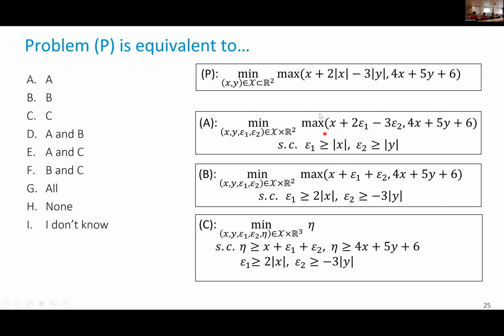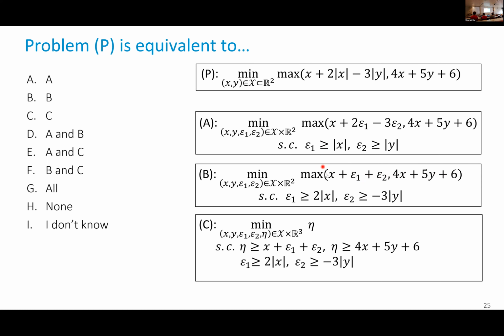Now the question is the function that maps epsilon 1, epsilon 2 to this, is it increasing with respect to epsilon 1 and epsilon 2? And the answer is yes, because every member, the first member is increasing with respect to epsilon 1. When we take the max it is increasing with respect to each of its arguments. So yes, if we increase epsilon 1, we increase this. Similar if we increase epsilon 2.